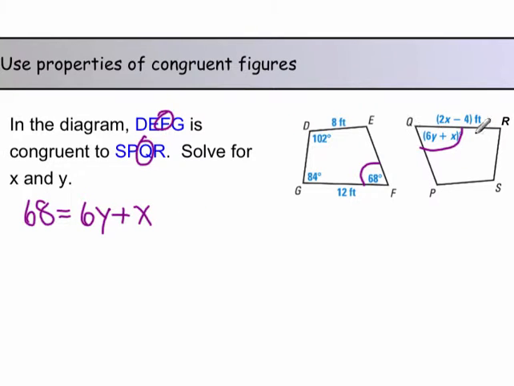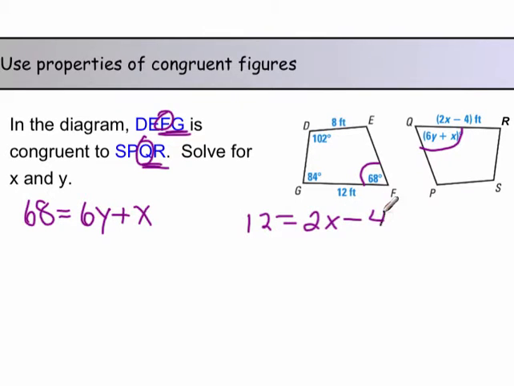So this is the line QR, okay? QR has to be congruent to GF. And if I look, QR corresponds with GF in the way that it's written up there with congruence. So that means that this 12 feet has to be equal to this 2x minus 4 feet.